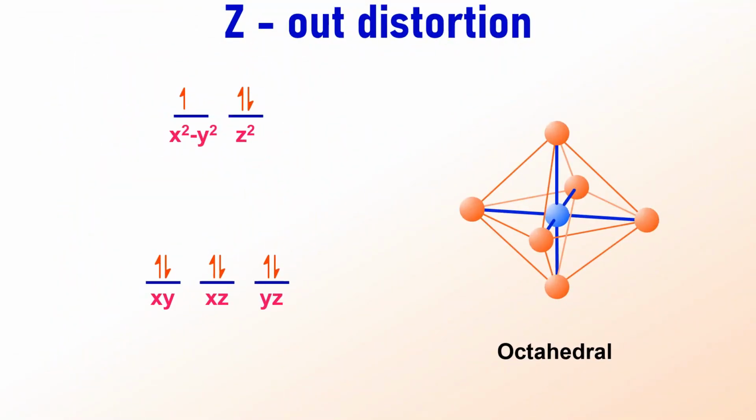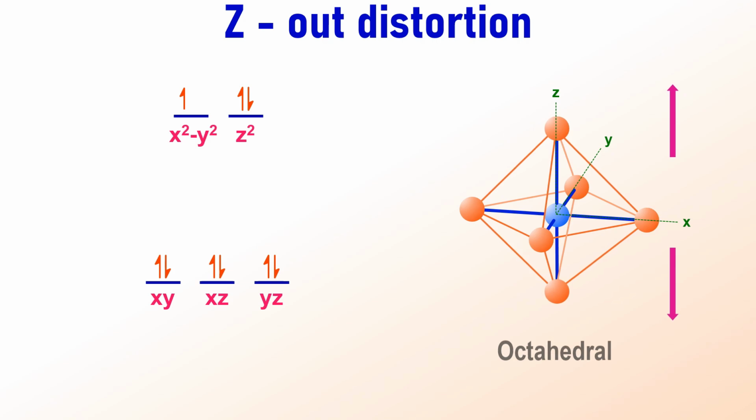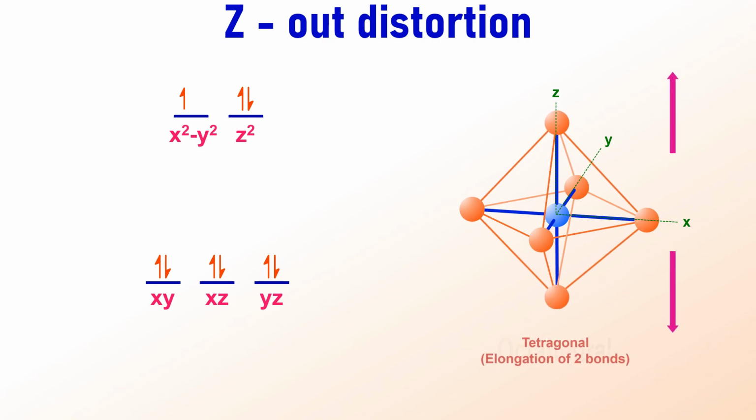Now let us examine what happens during the distortion. In the case of z-out Jahn-Teller distortion, the bonds along the z-axis elongate. This reduces the repulsion between the ligands and the d orbitals that have a z component.